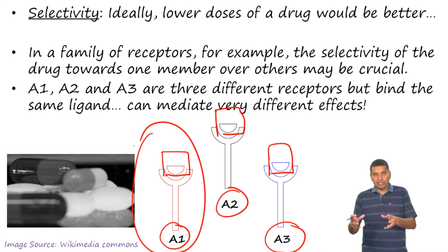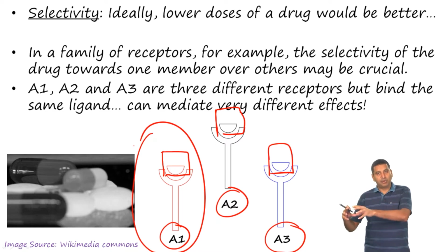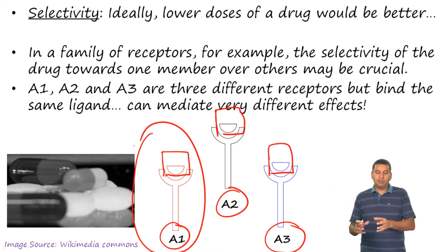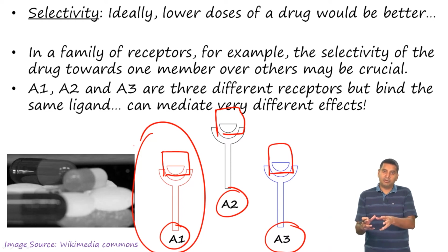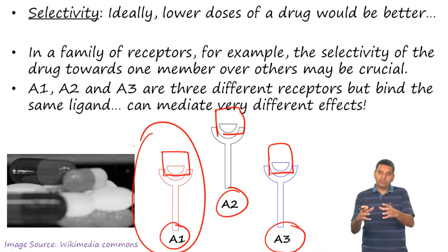If you have a family of enzymes, can we develop an inhibitor that specifically inhibits one class in that family, or one member of that family, in comparison with the other members of the family? And keep in mind that these families are classified based on the structure and the function of the receptor.